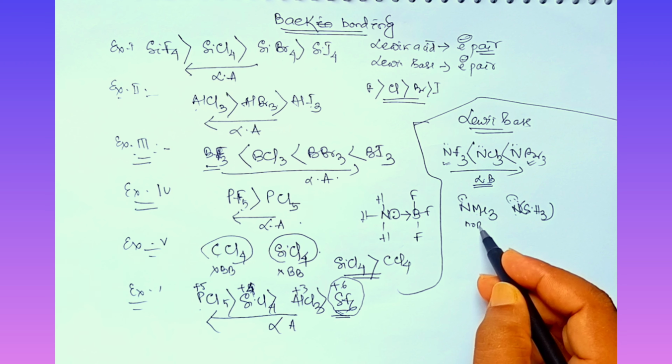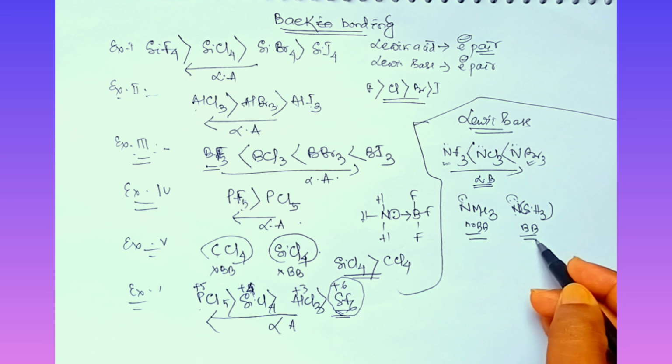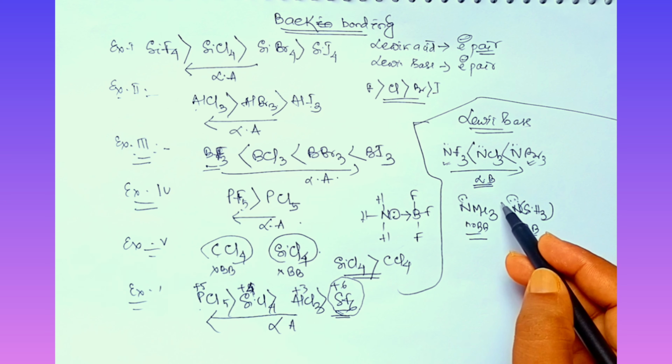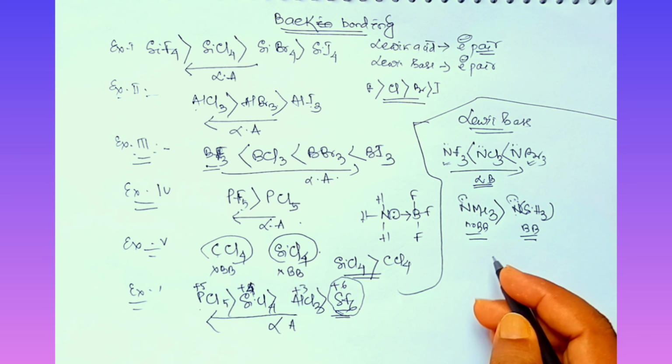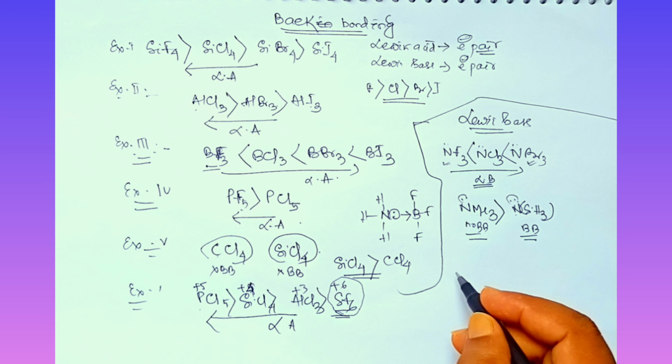So here there is no back bonding, but in the silyl case there is back bonding. As this lone pair participates in back bonding, it is no longer freely available for donation to other molecules. That's why the Lewis base character decreases. So NMe3 will be a better Lewis base than N(SiH3)3.